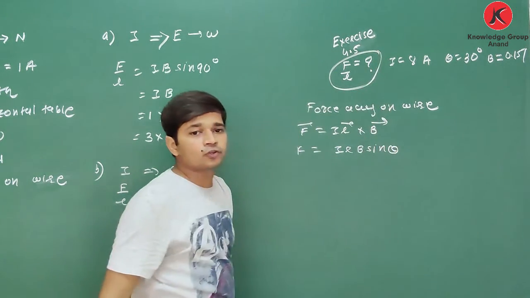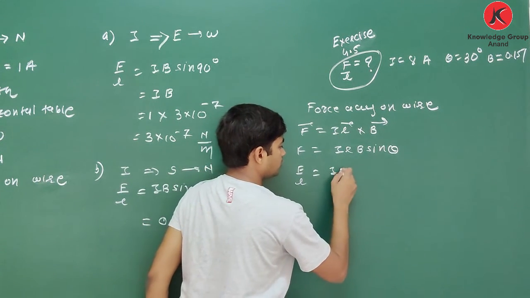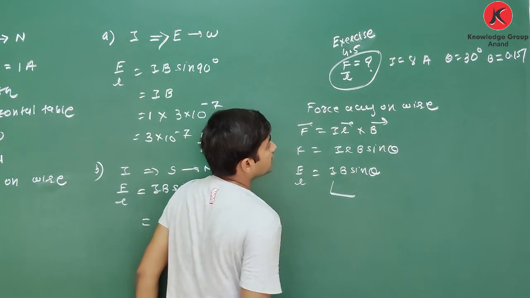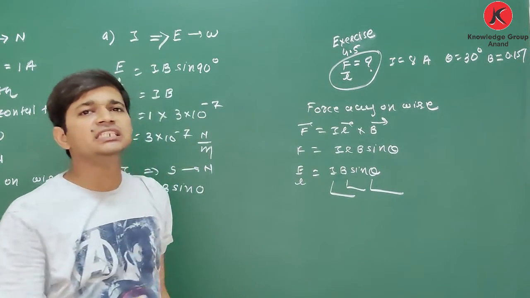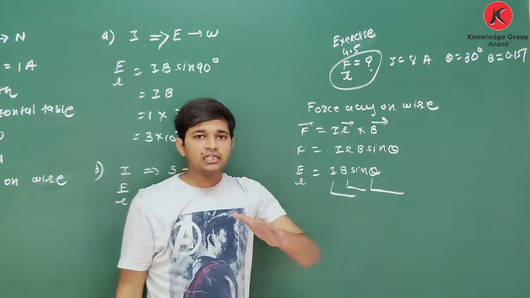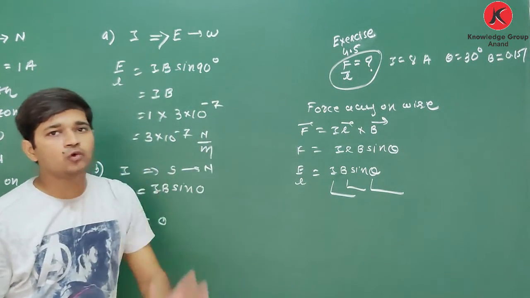You have to find force per unit length, so F upon L is equal to IB sin theta. You are given the values of I and B, and you know the value of sin theta. You can easily calculate this. Clear? So one important theory and two very easy, very simple questions.